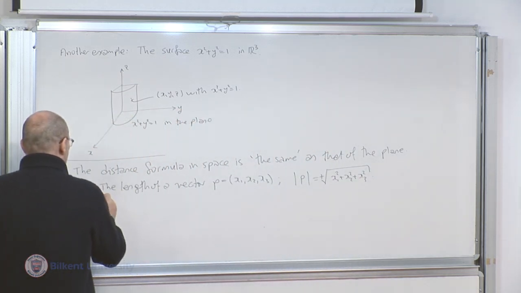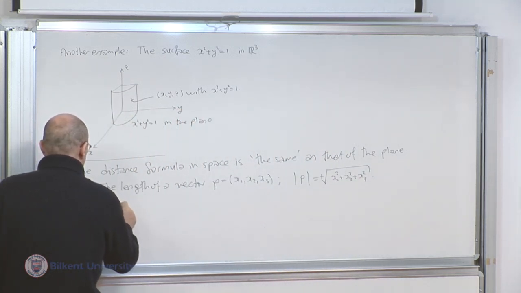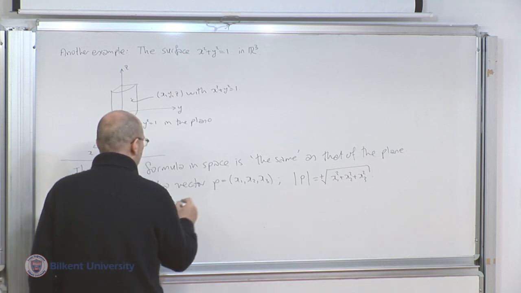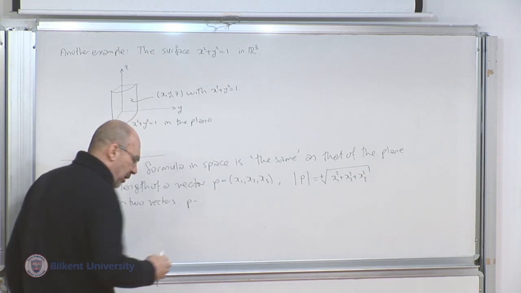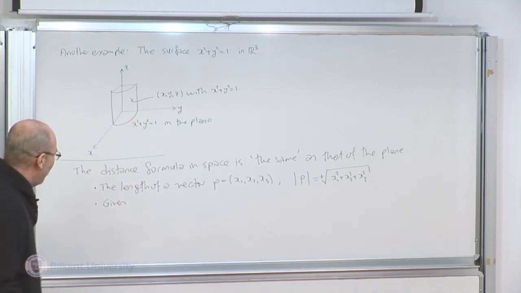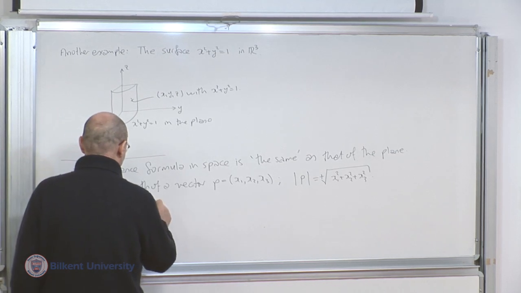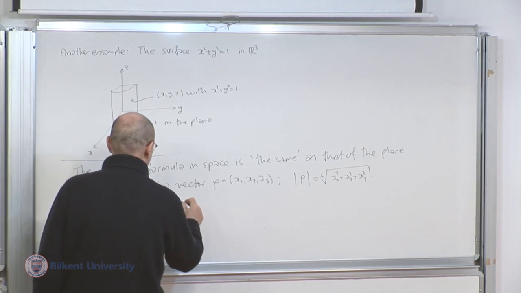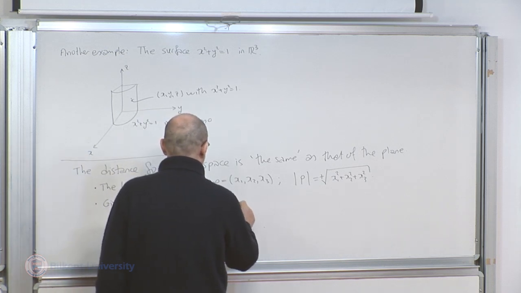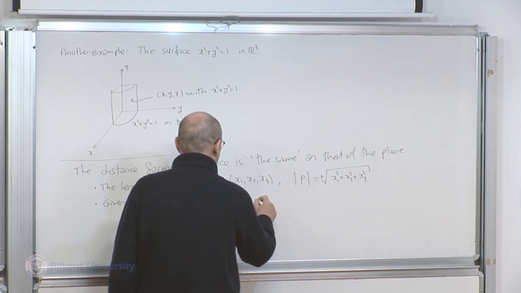So given two vectors, or let me say given another vector, just to save some ink. Given another vector q, let's say this time (y1, y2, y3). These are numbers.